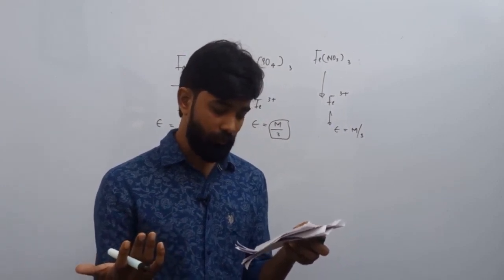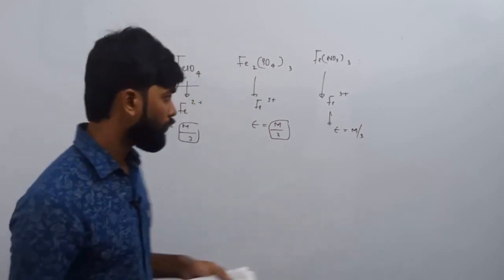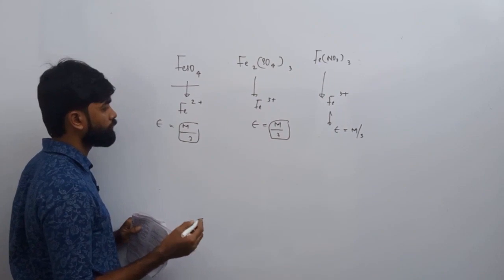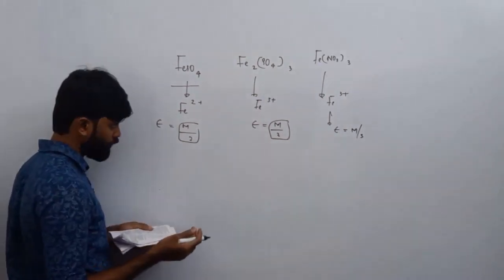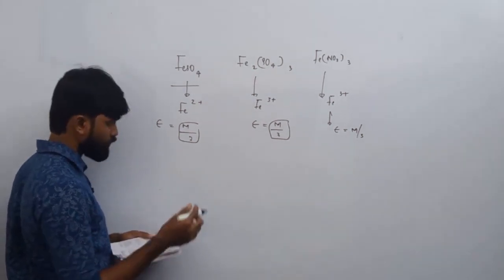Amount of iron deposited in Fe(NO3)3 is 2 by 3 times of amount of iron deposited in FeSO4.